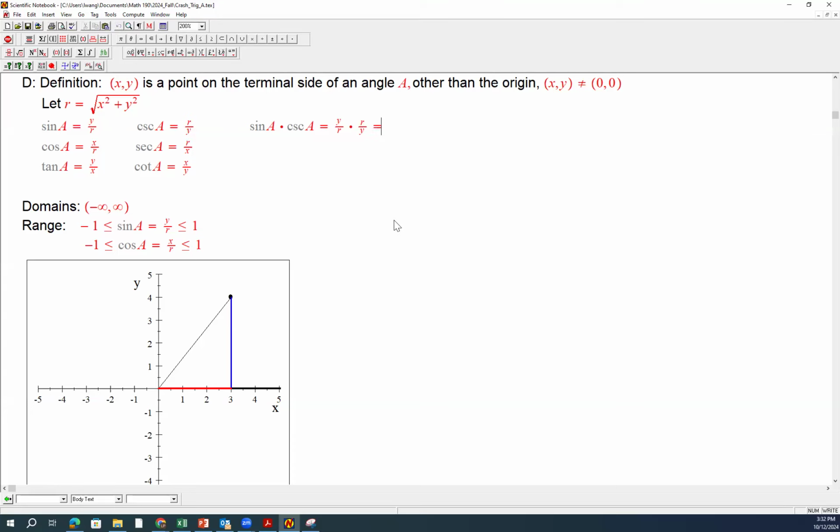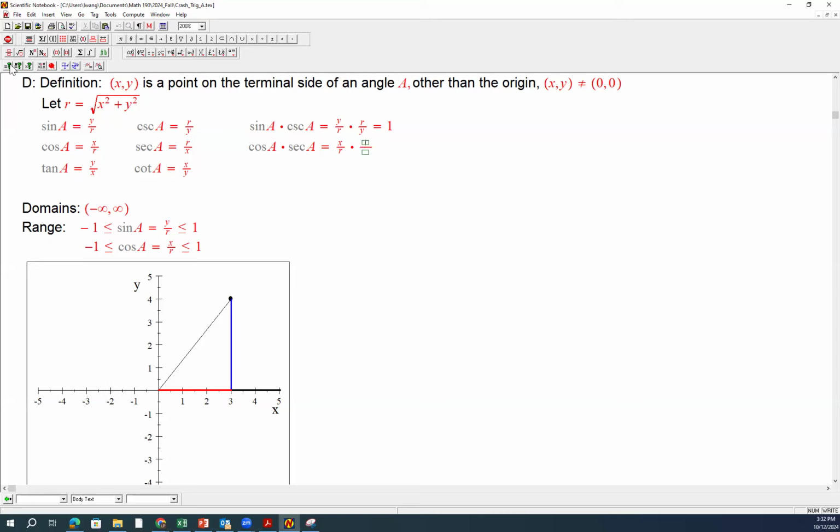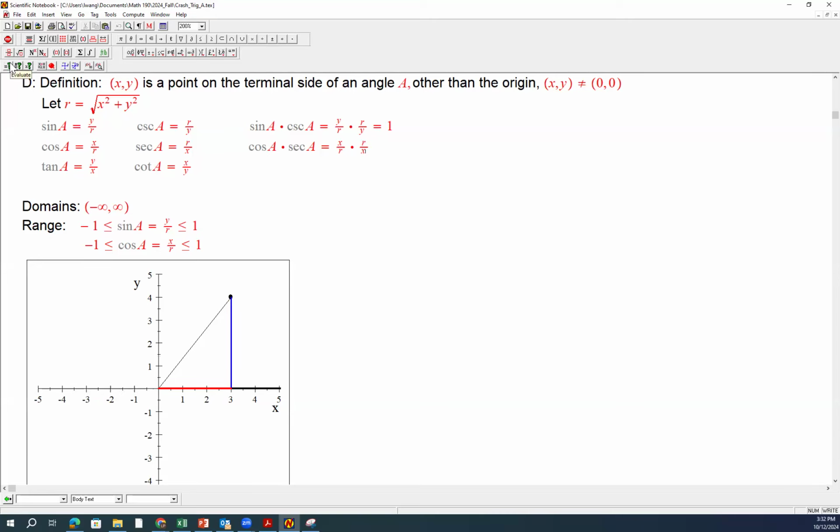And it is equal to 1. Similarly, cosine A multiplied by secant A equals x over r multiplied by r over x. And that will equal 1 again.